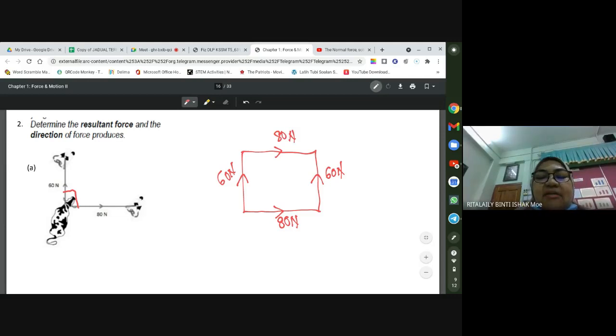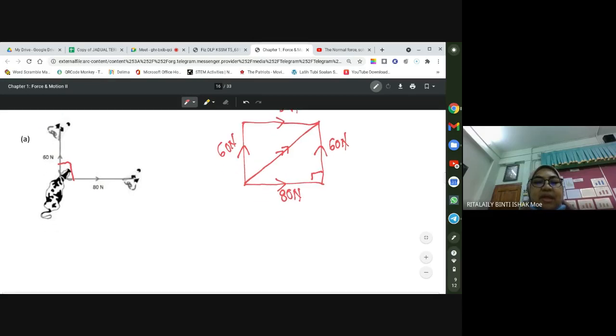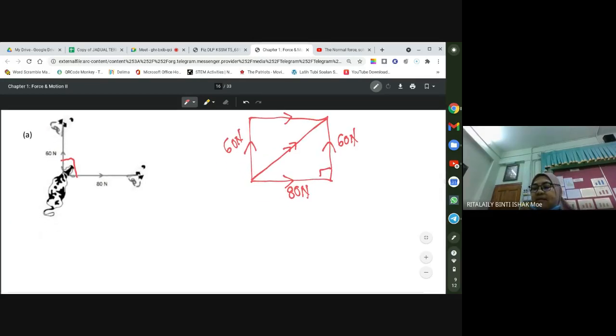Okay, and from here we get the distance. Okay, but since the diagram is 90 degrees, we can use Pythagoras theorem. So by using Pythagoras theorem, Kinisha, can you please tell me what is the resultant force of the two forces using Pythagoras theorem?